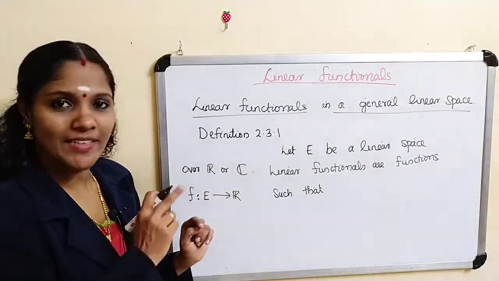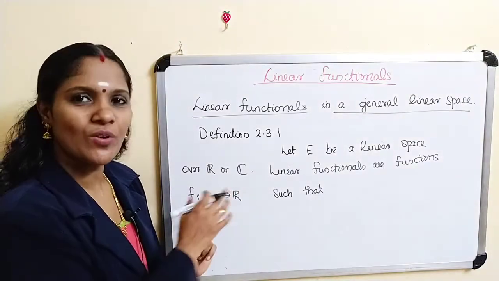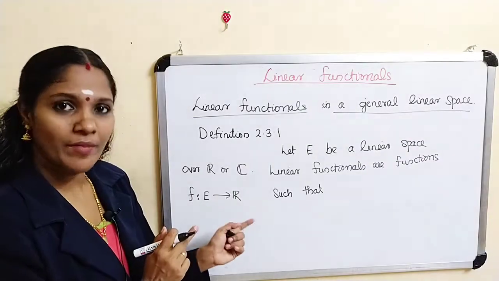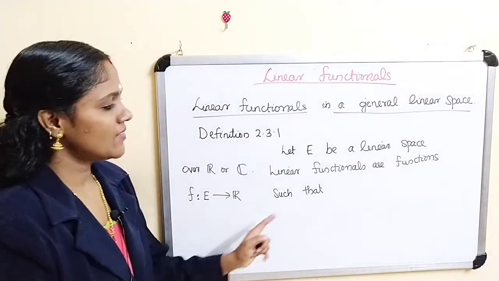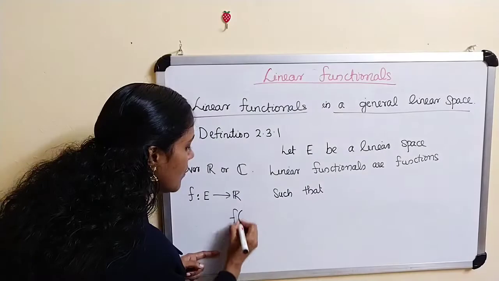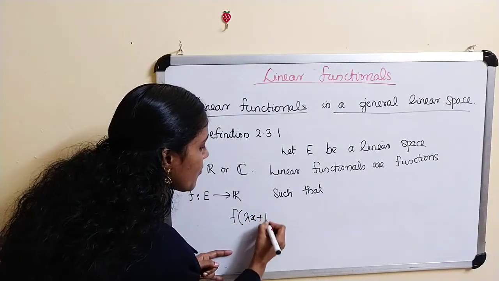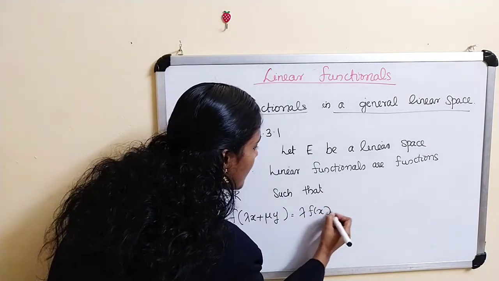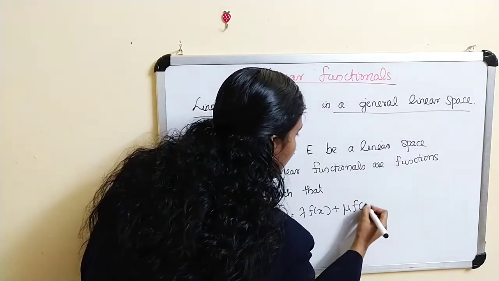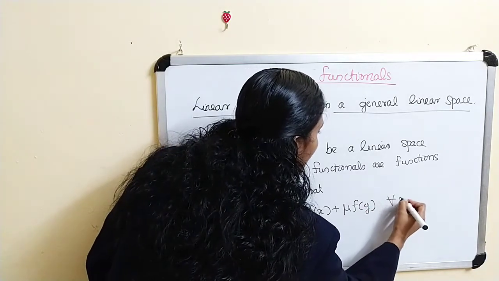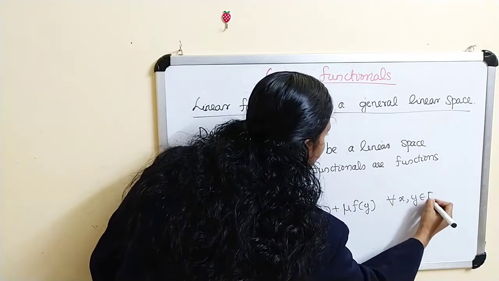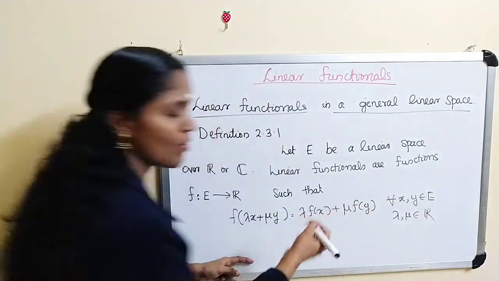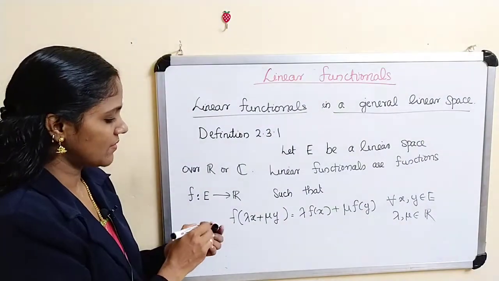Let E be a linear space over R or C. Linear functionals are functions f from E to R or C such that f of lambda x plus mu y is equal to lambda into f of x plus mu into f of y, for every x, y belongs to E and for every lambda, mu belongs to R or C. Then we call this a linear functional.